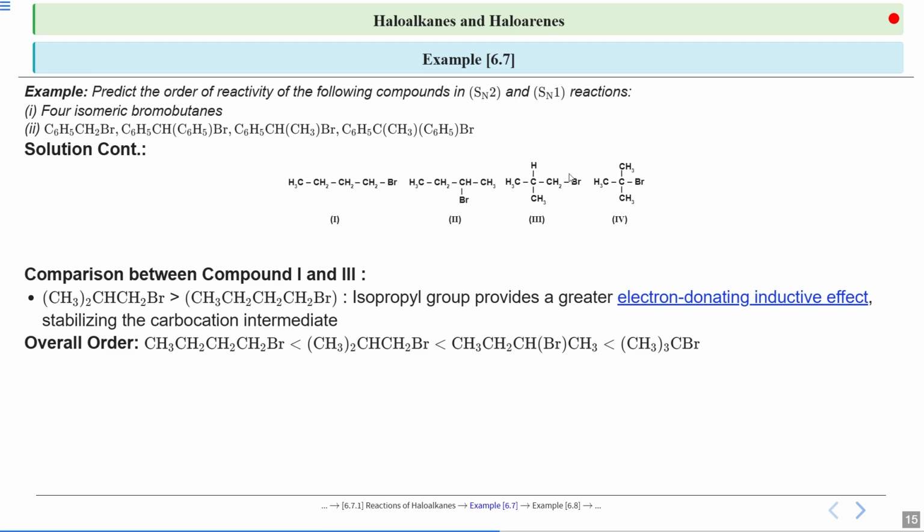And then comes your 3rd compound due to the presence of the electron donating inductive effect. And then least reactive will be the primary carbocation, which is provided by the 1st compound. So this is the overall order of reactivity for the 4 isomeric bromobutanes in the SN1 reaction.